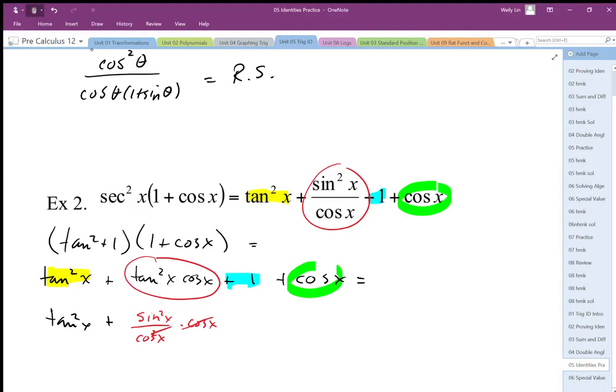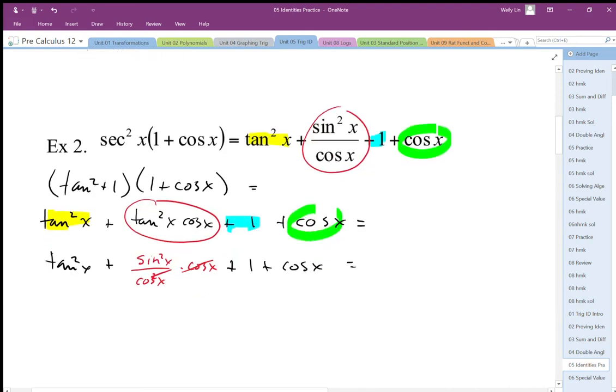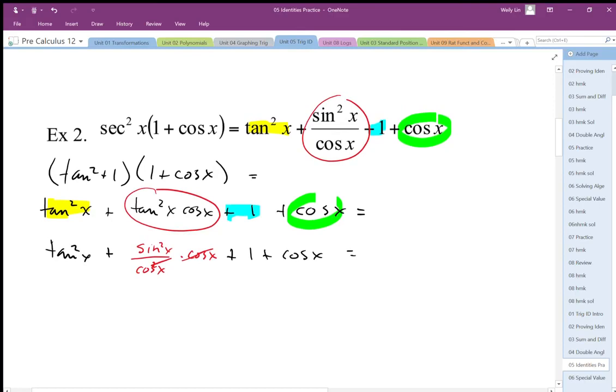Just don't forget there's the whole rest of that expression left to solve for. So then I now have left side equals right side. I just need one more step to clean that up. So I end up with sine squared x all over cos x plus 1 plus cos equals the right-hand side. The identity is now proven.